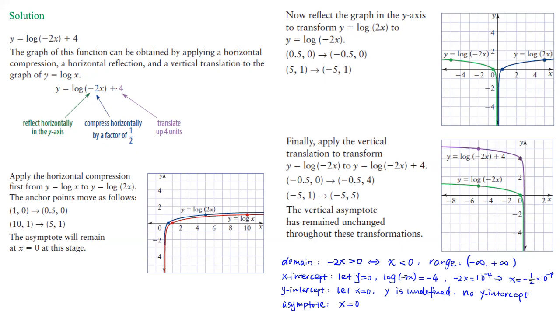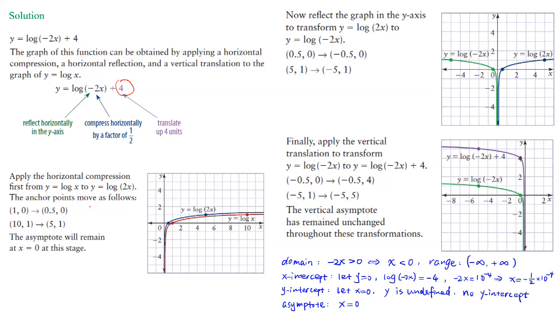The second parameter is the parameter c here. That corresponds to a vertical translation up by 4 units. So remember, we need to do the horizontal compression first. So first of all, we can apply the horizontal compression from y equals log base 10 of x to y equals log base 10 of 2x.